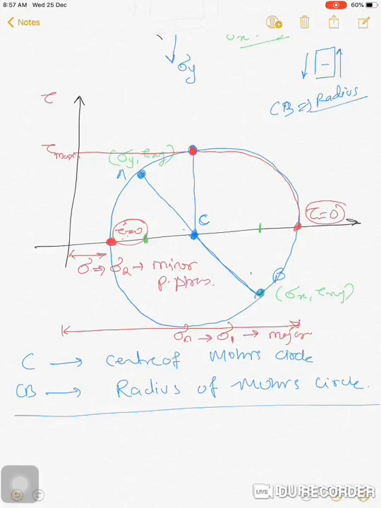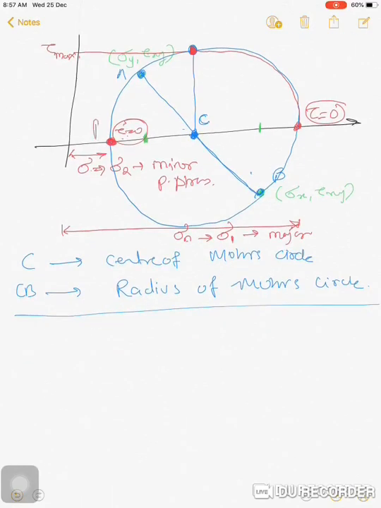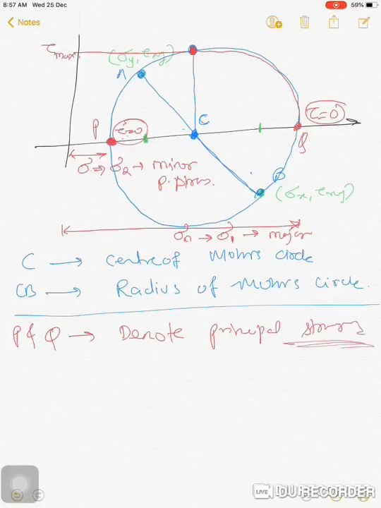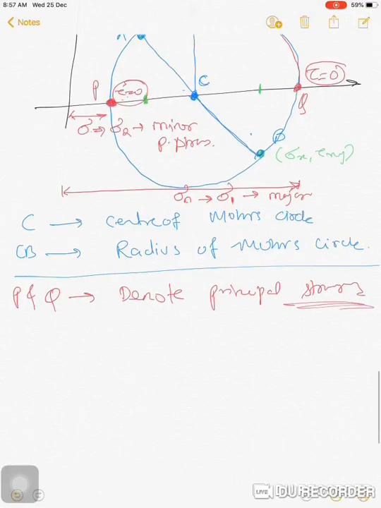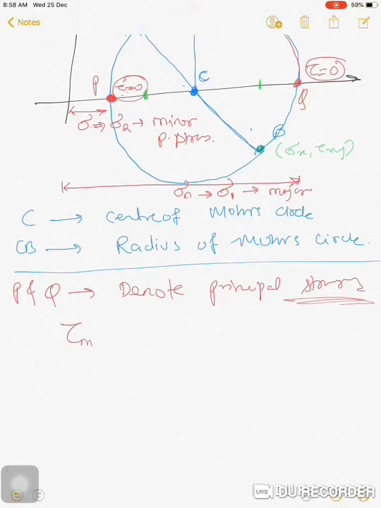So simply the points P and Q denote principal stresses.